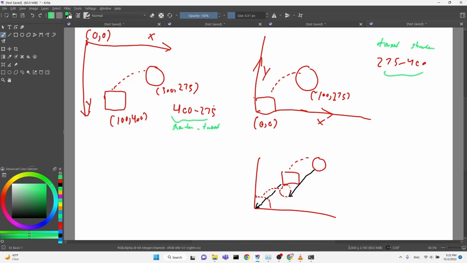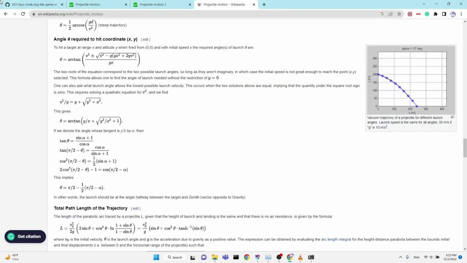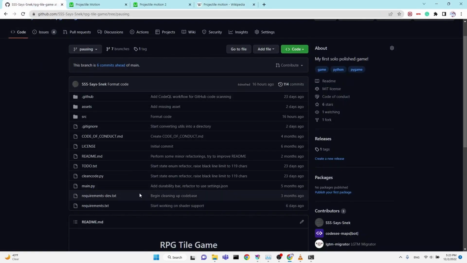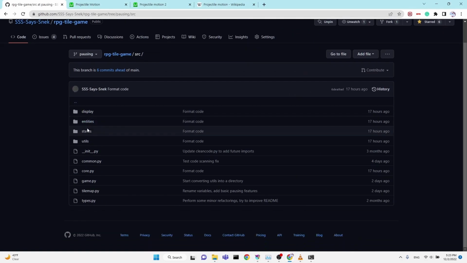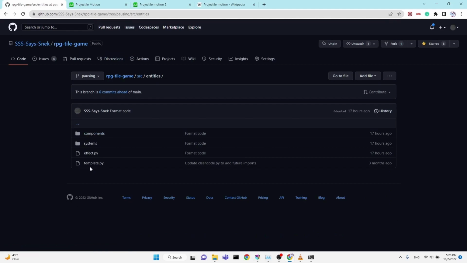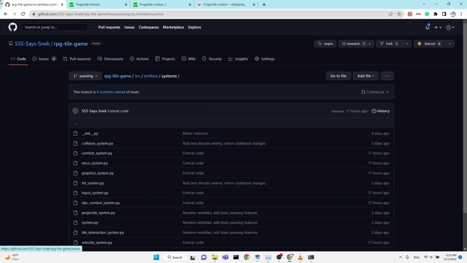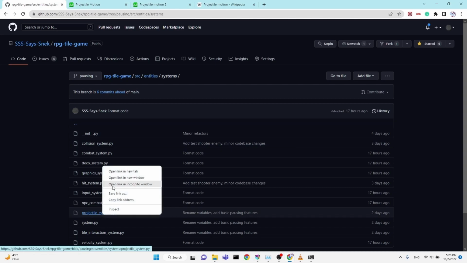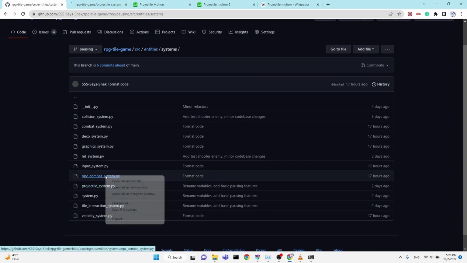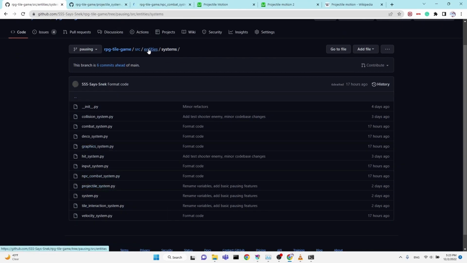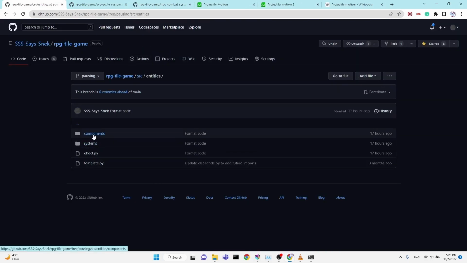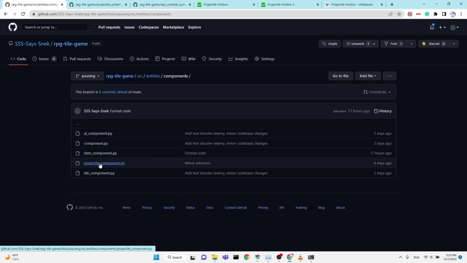Now we could actually finally start looking at the code. Now, I have my GitHub repository on my web browser. You could also look at it in the description. And some important files you need to consider are the projectile system, the NPC combat system, and this projectile_component.py.